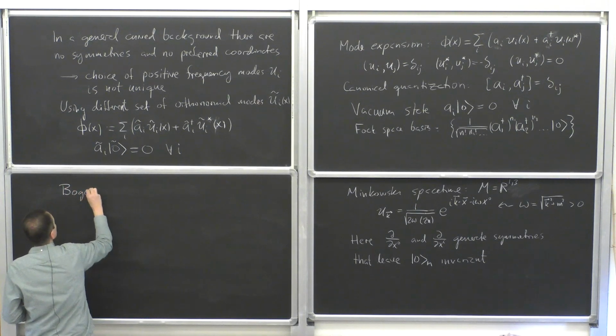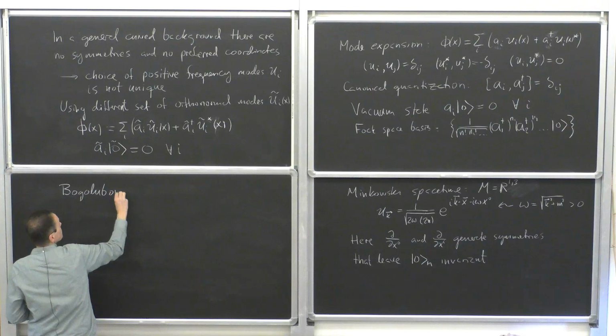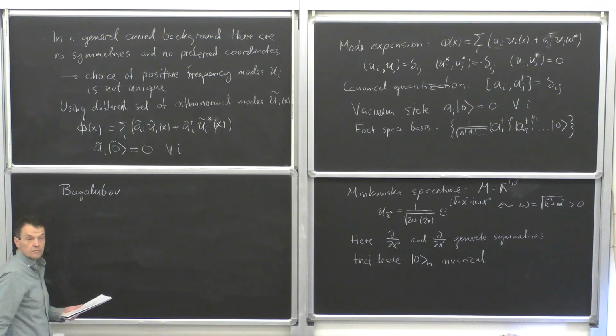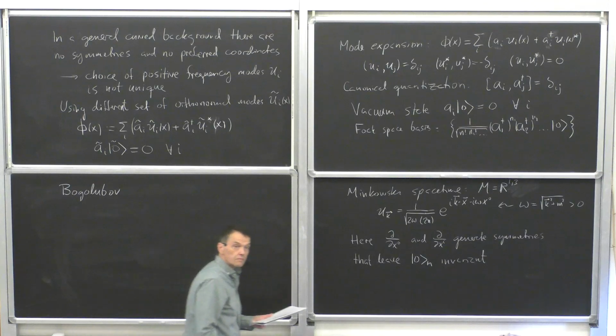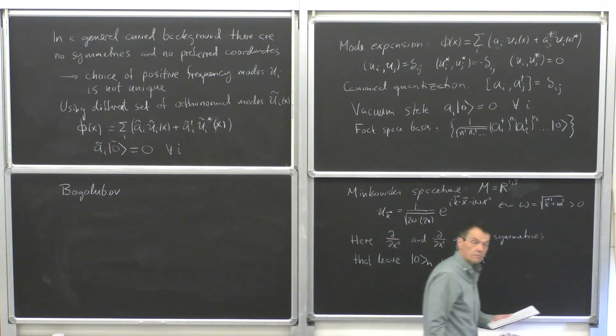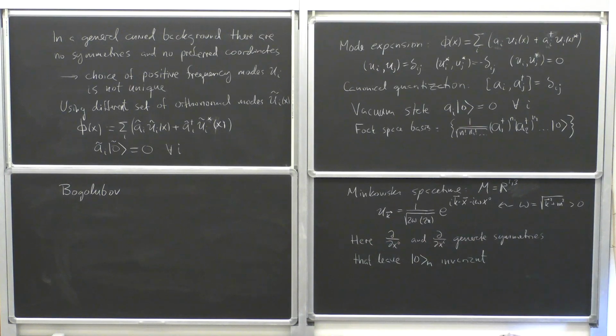Sorry. Yes. The fact that the positive frequency modes are not unique, it's not completely clear to me what is related to curvature of space-time. Maybe this is my understanding: you could, even in the Minkowski case, do a change of basis for the creation and annihilation operators.